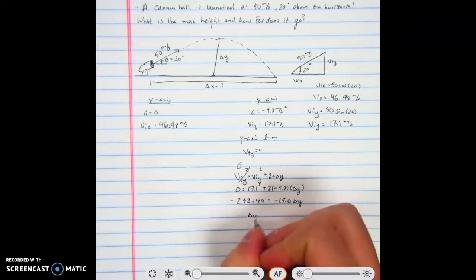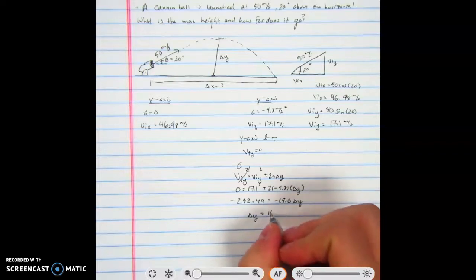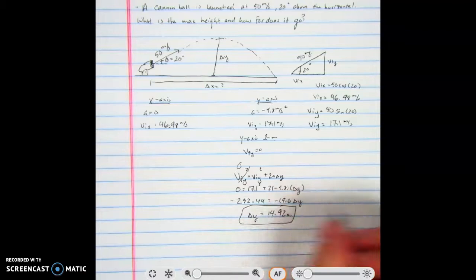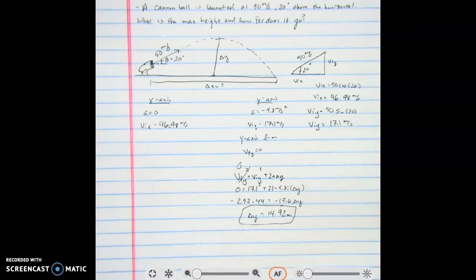And you get a delta y equal to 14.92 meters. Okay, so that part's done.